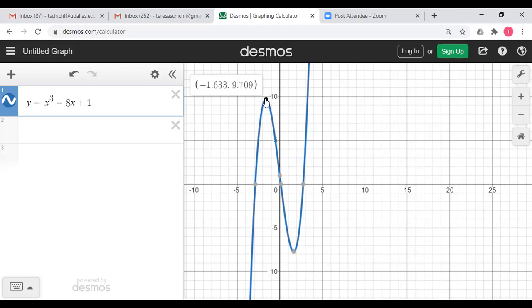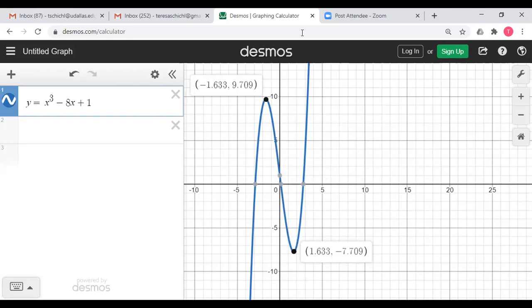This has to be a local max because this point is at the top of the mountain, then you're going down. Here, this is 1.633, so this will be the local min. If you use Desmos graphing, it gives you those important points. So that's how you know this is the local max and this is the local min.